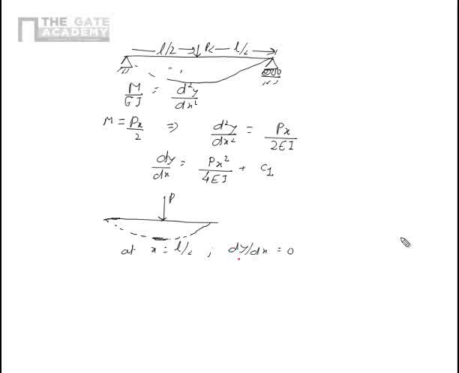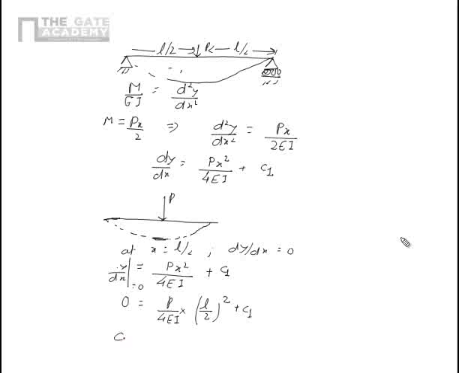So I feed in this number here, I get dy by dx is equal to Px square by 4EI plus C1. So this is equal to 0. 0 is equal to P at L by 2 plus C1.